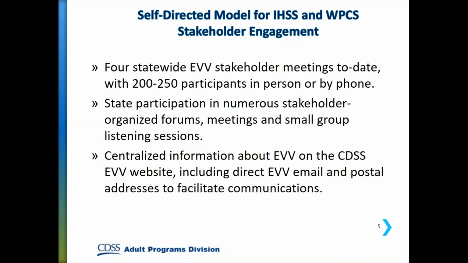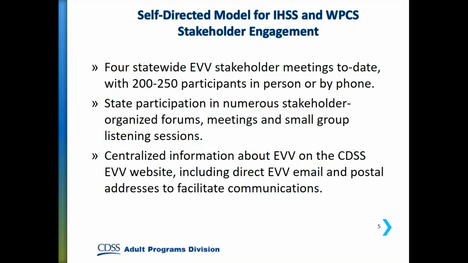We did another stakeholder meeting talking about, based on all of the information that we had gathered, what approach California was choosing to use to start this process and build a prototype. And then this one is our fifth stakeholder meeting.